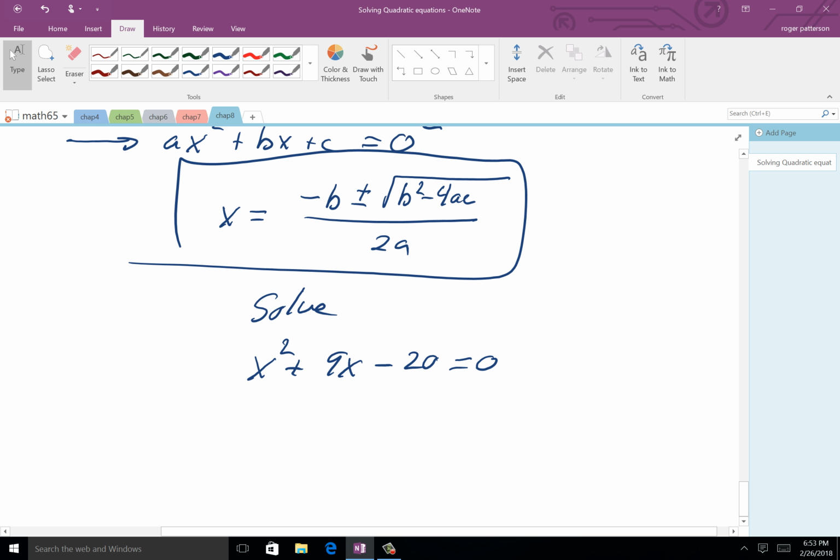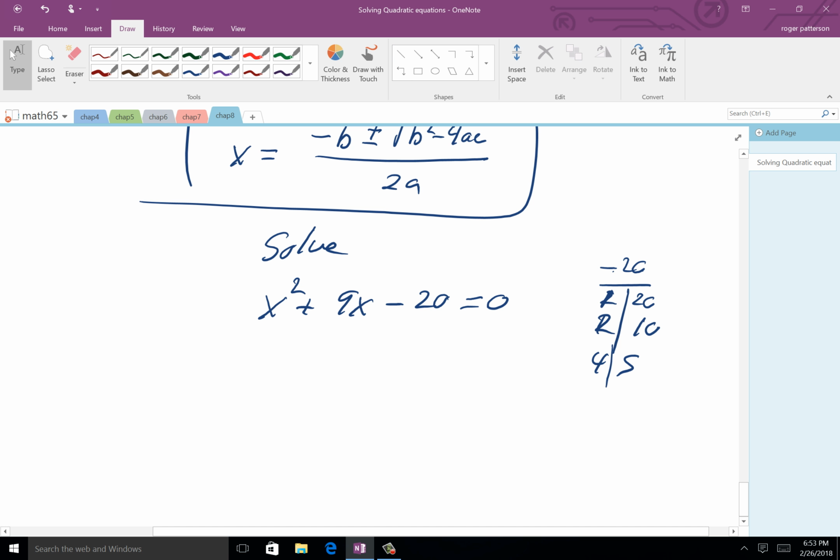So in this case, if we took this negative 20 and tried to find factors that work, the problem is that they have to subtract to 9, and there aren't any that do. 1 and 20 doesn't, 2 and 10 doesn't, 4 and 5 don't. So you'd have said, I don't know how to do this. Hey, he never showed me this. It's prime, doesn't work. But the quadratic formula does work.